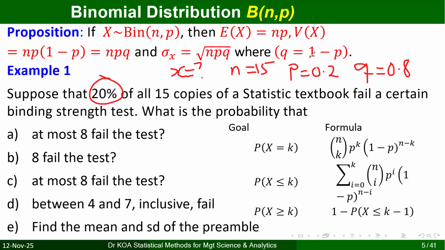So that means that our X is what? 8. But then we have to take into consideration the interval symbol. So how will you write that? You will say X what? Less than or equal to 8.